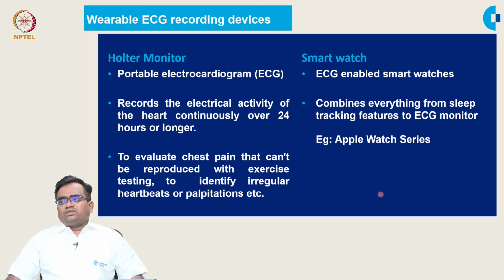This Holter monitor is useful in order to identify certain electrical or ECG changes that cannot be seen in exercise testing, or to identify irregular heartbeat and palpitation; the Holter monitor plays an important role. The other wearable device is the smartwatch, which is available in the market, an ECG recording enabled smartwatch. It combines everything from sleep tracking features to ECG monitor.